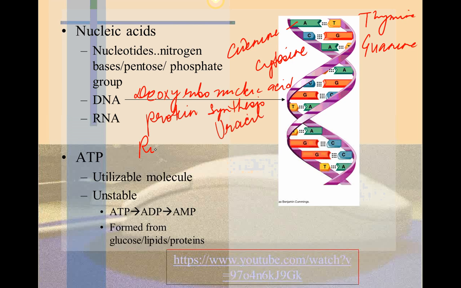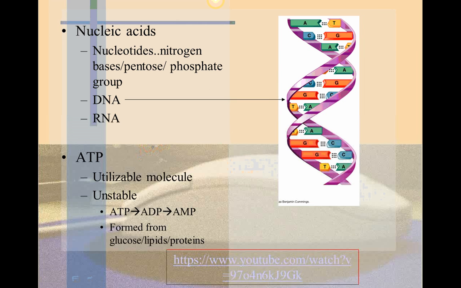RNA is ribonucleic acid, which is present outside the nucleus. And in this, the nitrogen base thymine is replaced by uracil. And there are different types of ribonucleic acid.